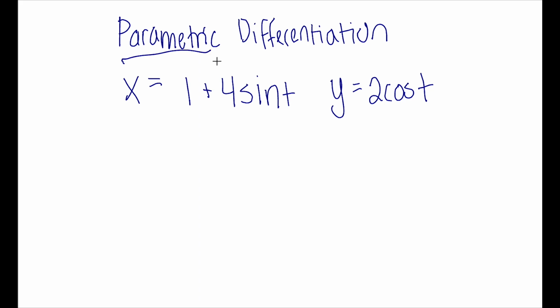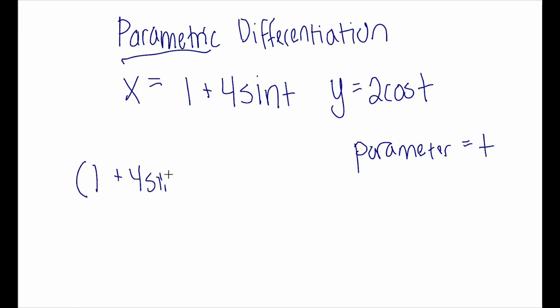The parameter is the variable that both of these expressions have in common. So here, my parameter is t. So this can also be written as 1 plus 4 sine t, comma 2 cosine of t.